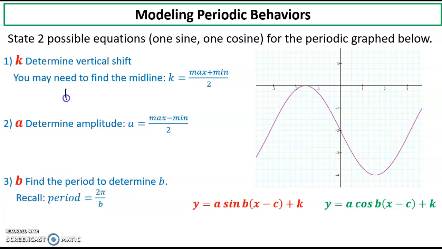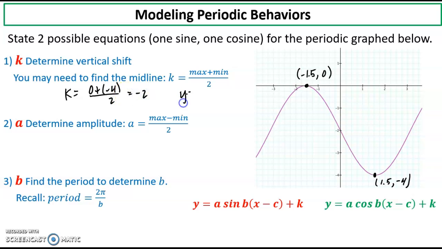All right, so K. This is the point -1.5, 0. This is the point 1.5, -4. Max plus min all over 2.